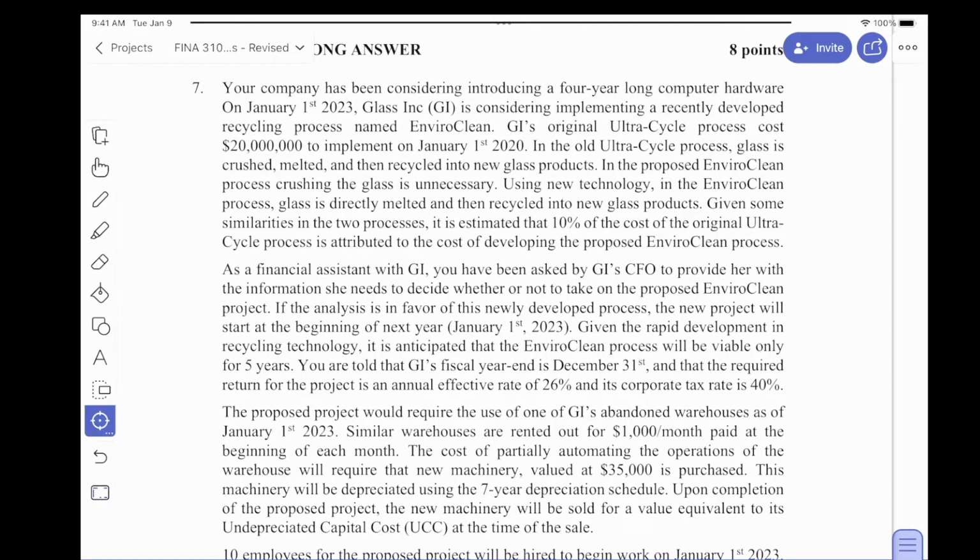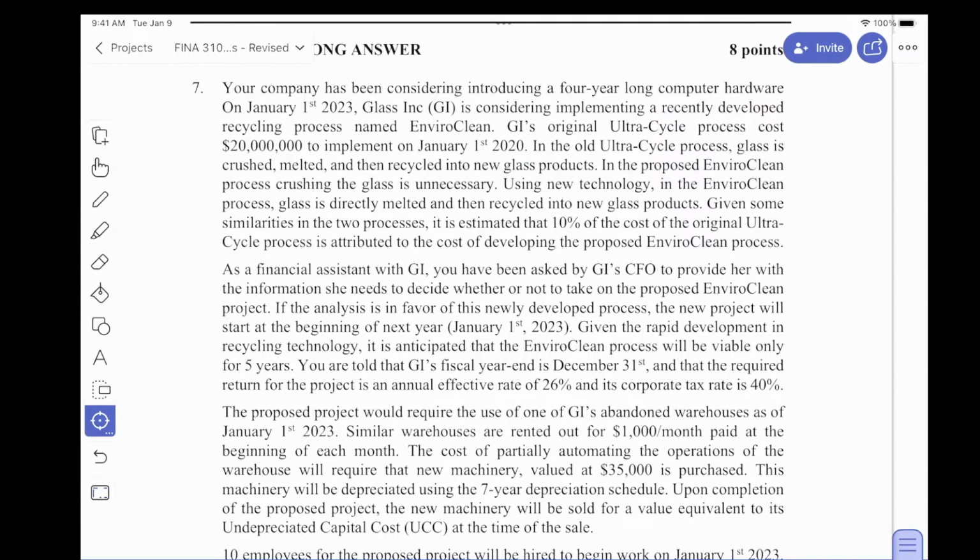And then obviously we'll find that the investment, the capital, or the asset that will depreciate if there is one. So your company has been considering introducing a 4-year-long computer hardware. On January 1st, 2023, oh, that's a typo, is considering implementing a recently developed recycling process named EnviroClean.